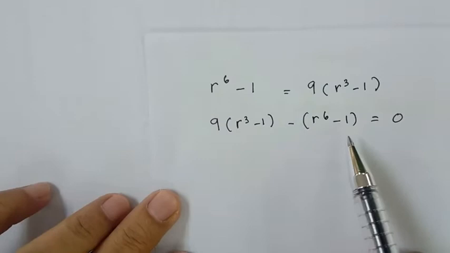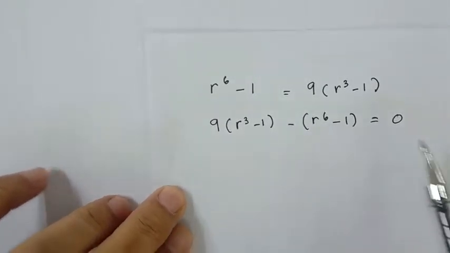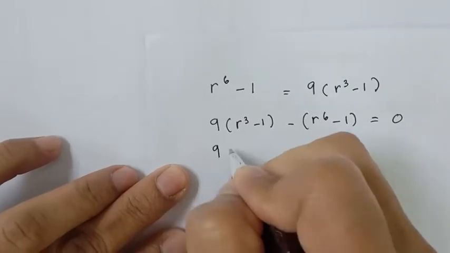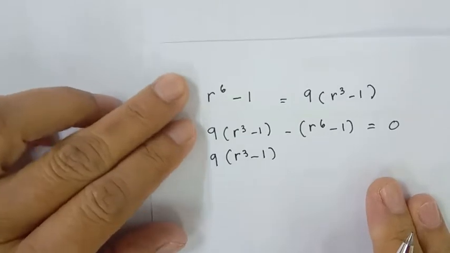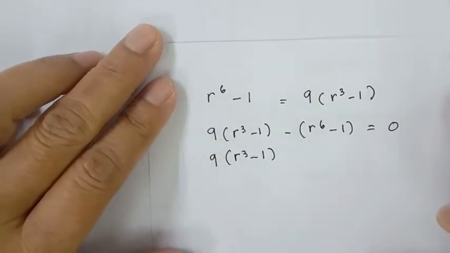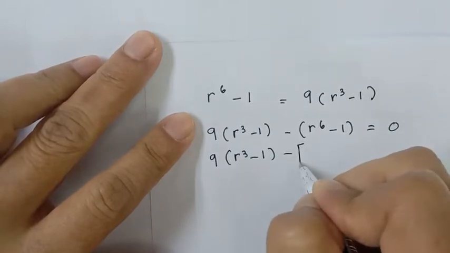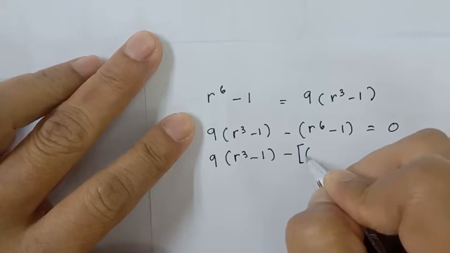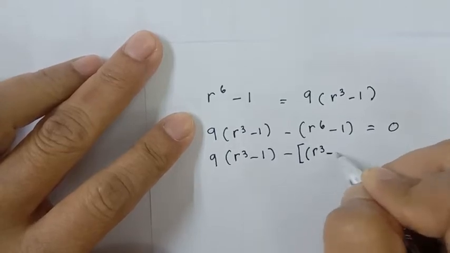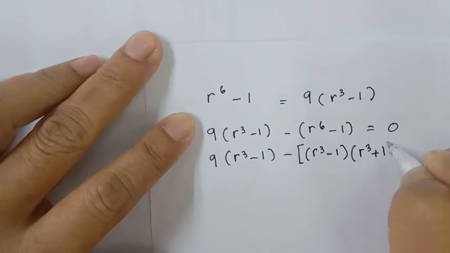Then factorize r power 6 minus 1, we get r power 3 minus 1 times r power 3 plus 1 equal to 0.